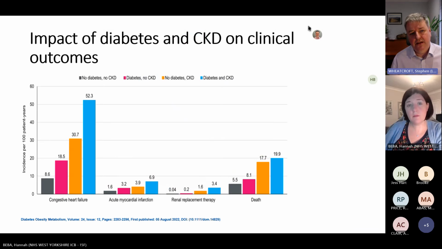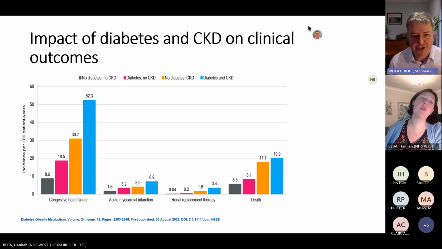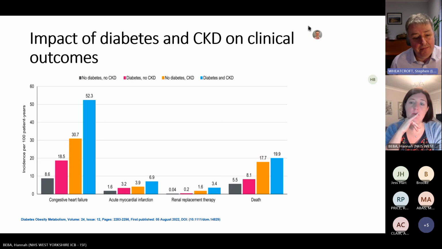The reason that cardio-renal metabolic disease is important is that these conditions conspire together to increase the risk of health problems and ultimately increase the risk of mortality. This slide shows an example of how diabetes and chronic kidney disease can conspire together to increase the risk of cardiovascular diseases such as heart failure and myocardial infarction, but also increase the risk of progression to renal replacement therapy and all-cause mortality.